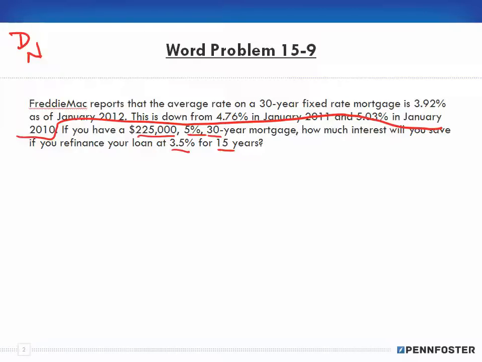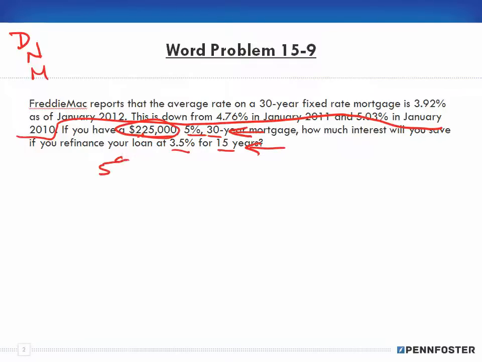And then of course you have information that has to be manipulated. That's what we're doing: we're taking this direct information and we have to manipulate it, massage it, do something with it in order to get the information we need. Here we have to do this problem twice. We have to take the 225,000 as principal, but we have two different sets of criteria.